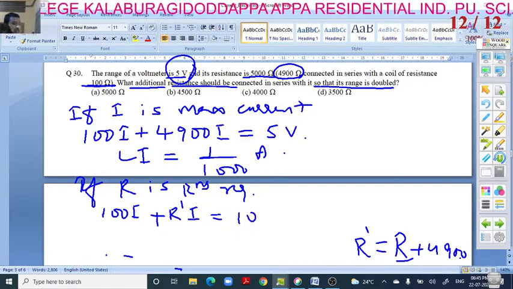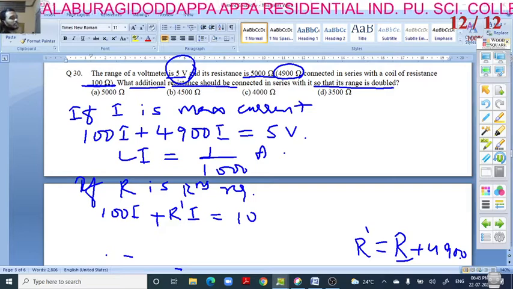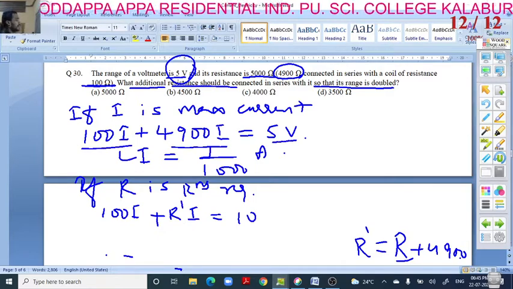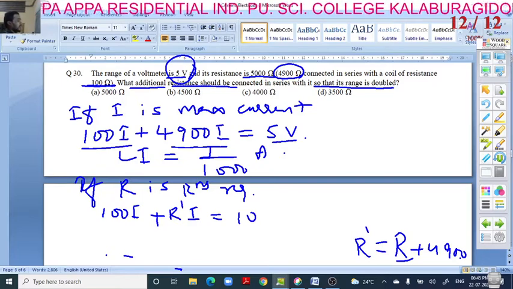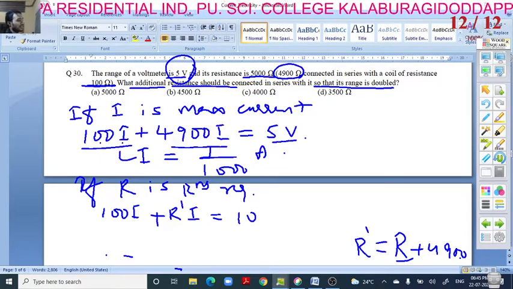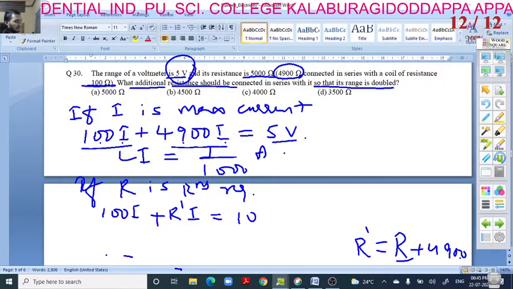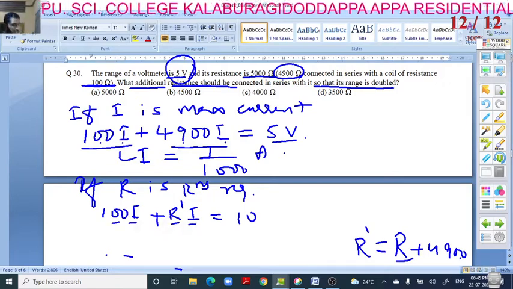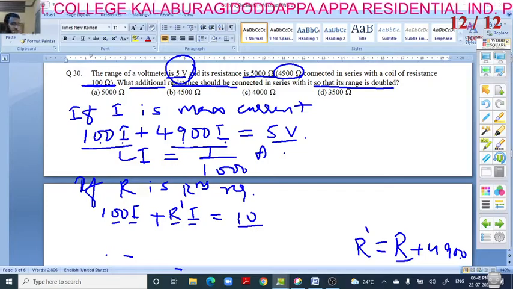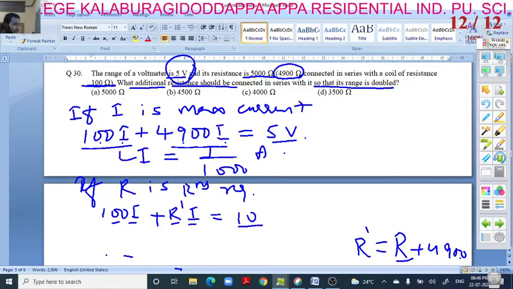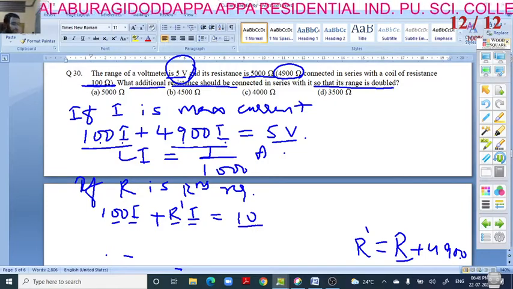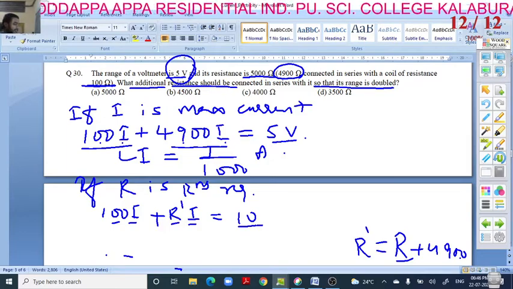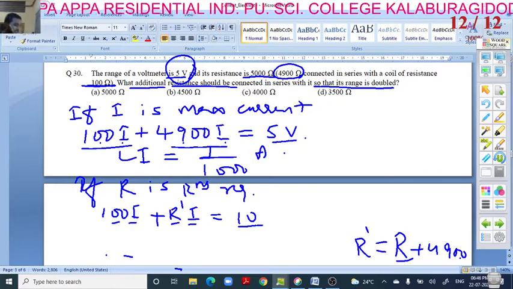Now this time double I am writing. Previously it was 5 volt for this given data, right? Resistance into current, here also resistance into current, and now this time I want double.